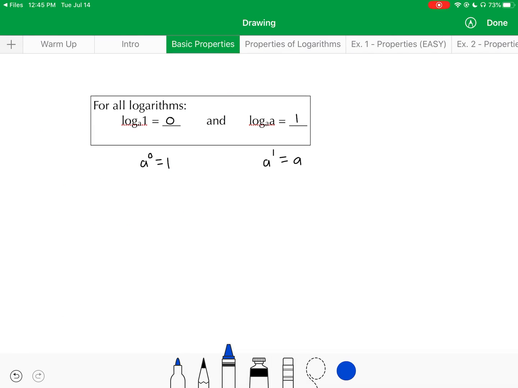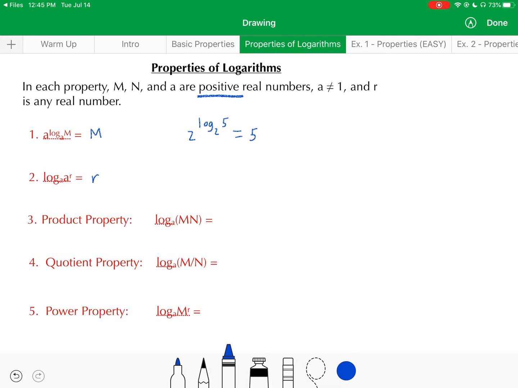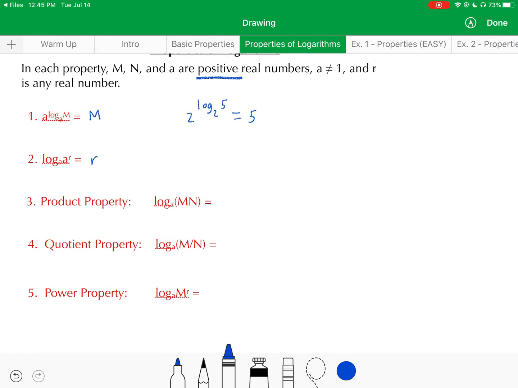And this is nothing more than an extension of this property right here. Here, log base a of a is being raised to the first power, and notice it equals 1. Well, this property is just stating if the power is anything other than 1, that's what the logarithm is going to equal.